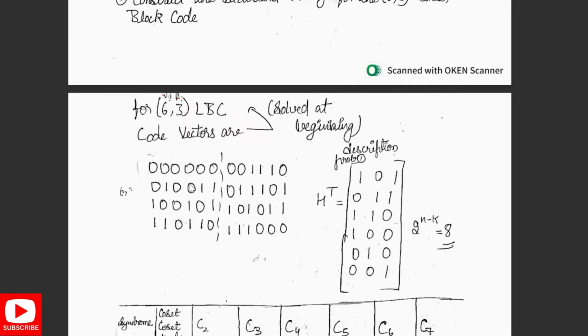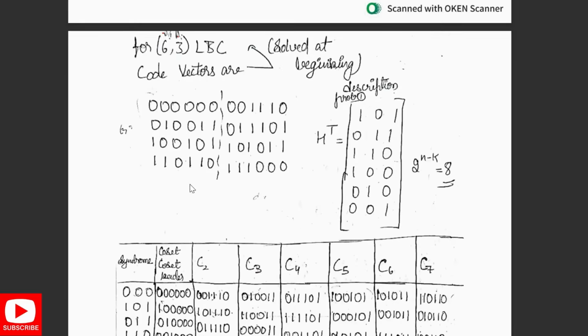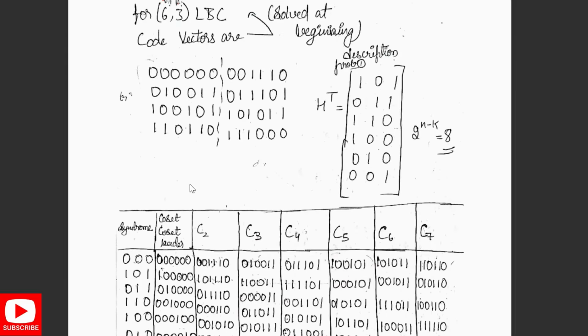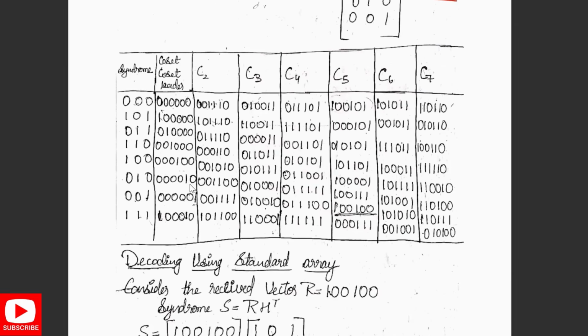So based on that, you need to draw the identity matrix and then solve it. This is the generator matrix that we have got. And from the problem description, we know it is H transpose. This is given by this. And here you have to draw the syndrome, then coset leader C2, C3, C4, C5, C6, and C7.